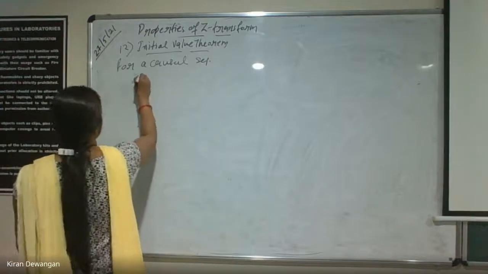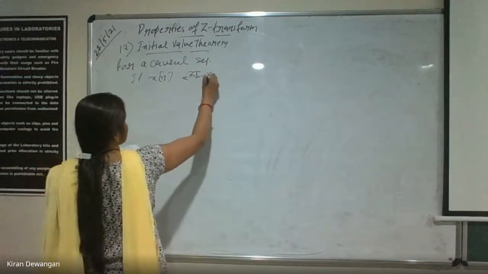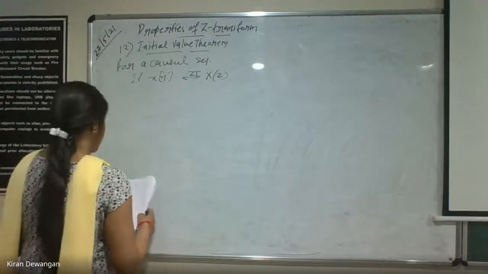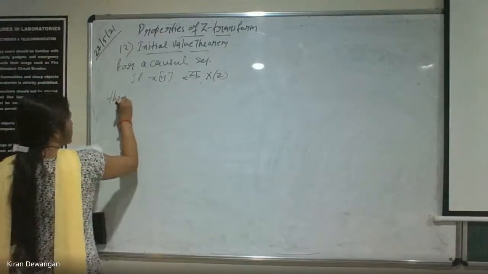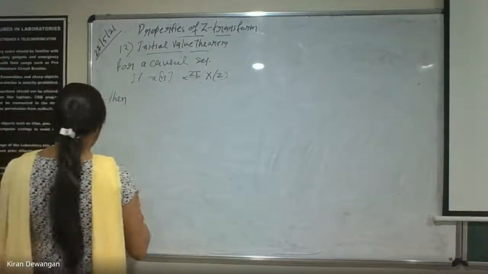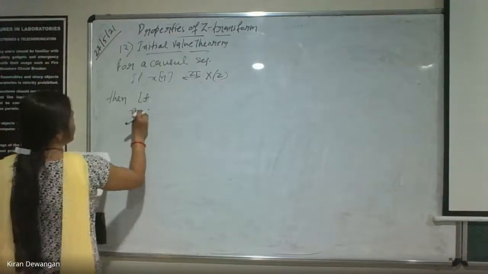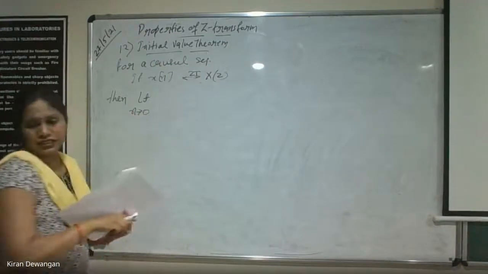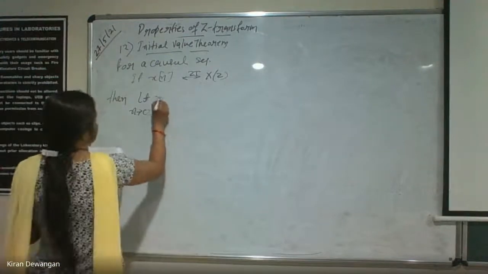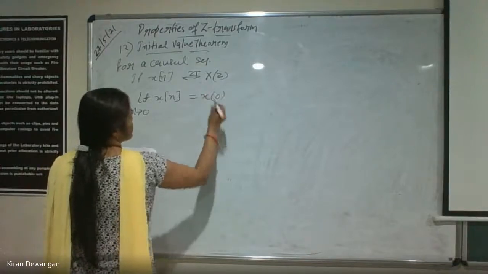If x of n has the z transform x of z, in that case, if I am taking limit n tends to 0, x of n will be equals to x of 0.